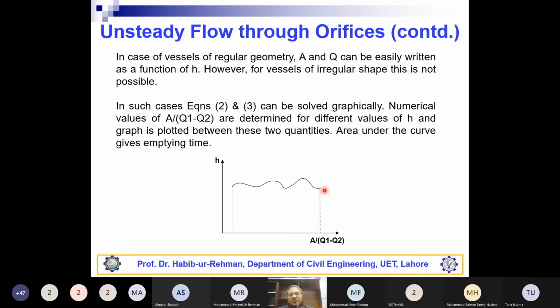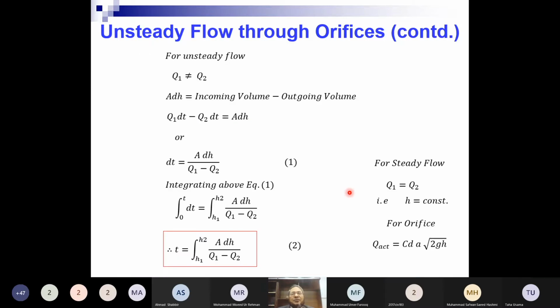Suppose this is the graph. As per equation number 2, if I plot a graph between the small h and area over Q1 minus Q2, what should it be? Yes, it is my question to you. Are you hearing?